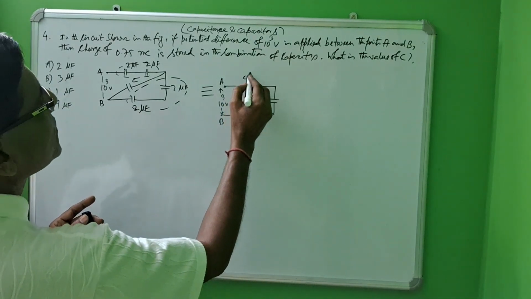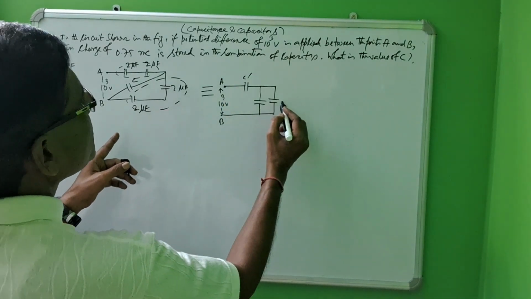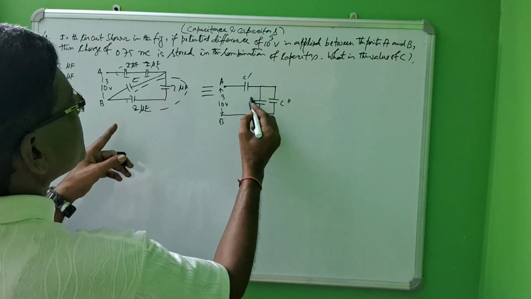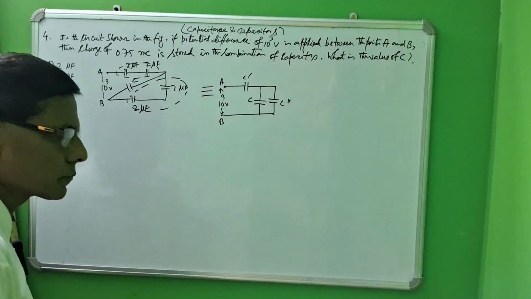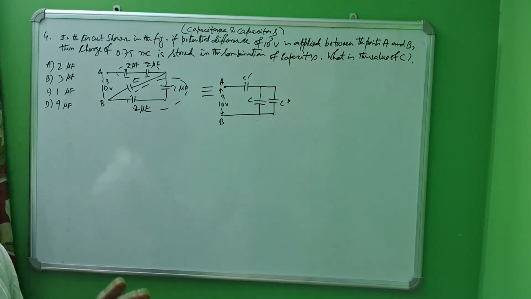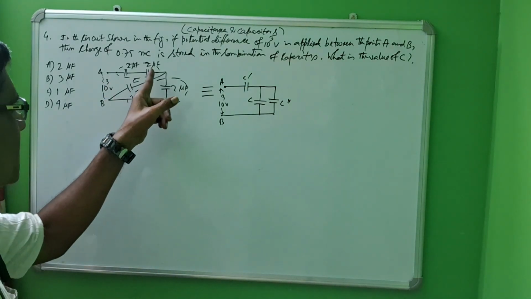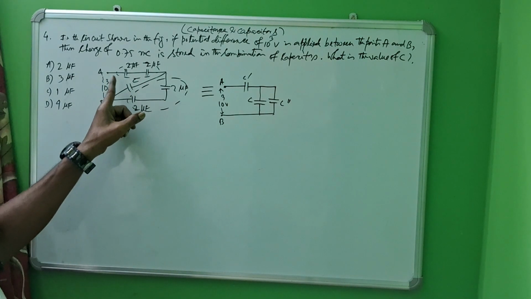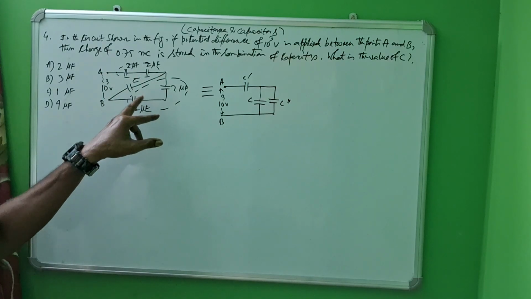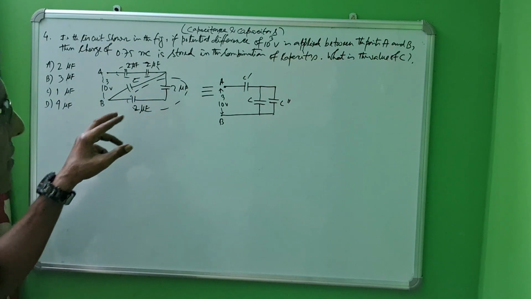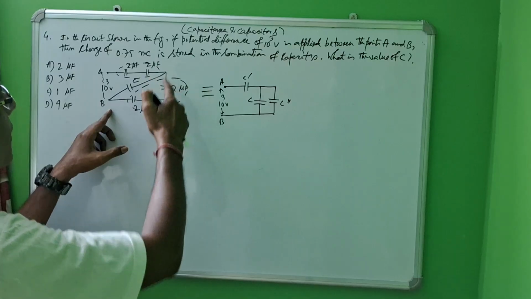How? Suppose this is C dash, suppose this is also C double dash, and this is C. We have to take the diagram first clear. This is series connection and this capacitance is connected to A and B.